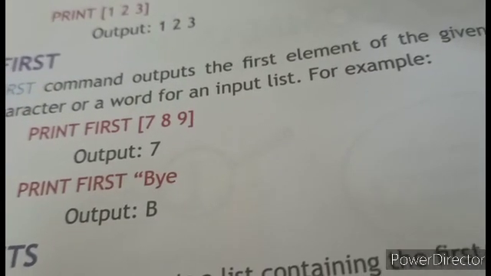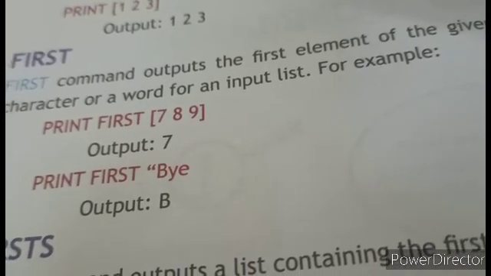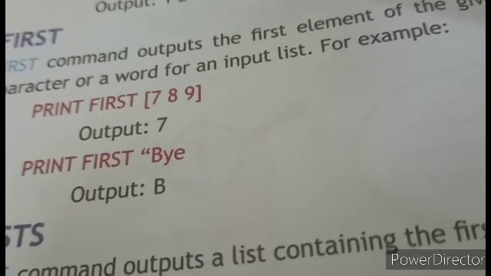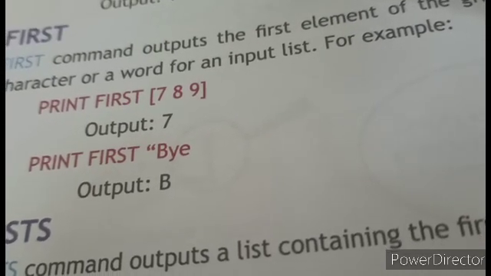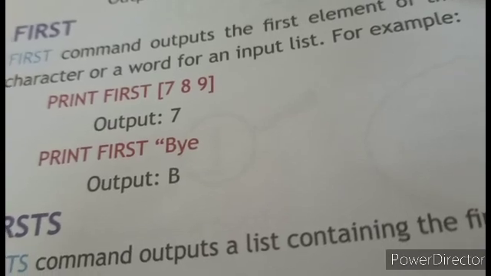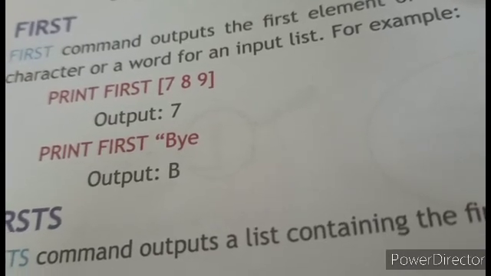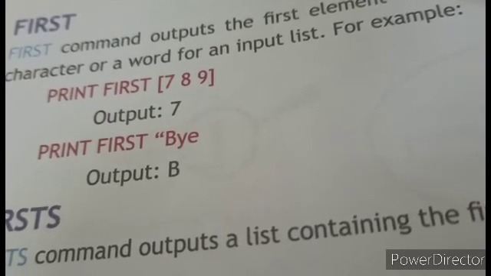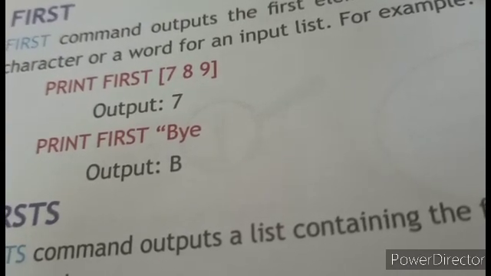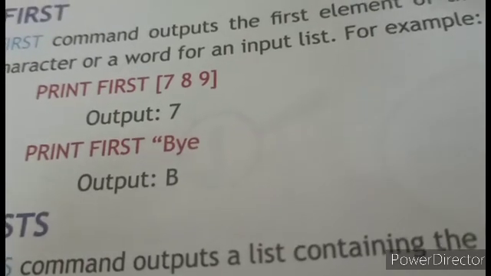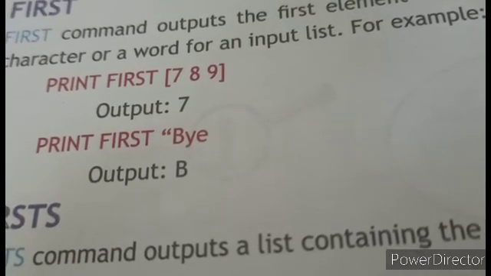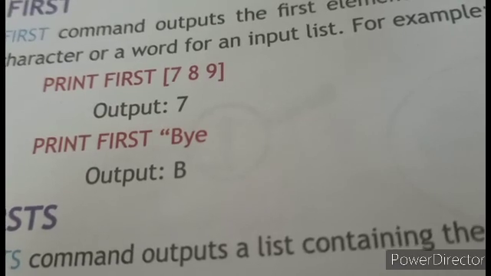It means if you give print, obviously print is needed to print something, then the command first, then some numbers or things within square brackets, the first element will be printed there. For example, the book has a number list in square brackets, 7, 8, 9. So what is the first one? 7. That's why 7 has printed.